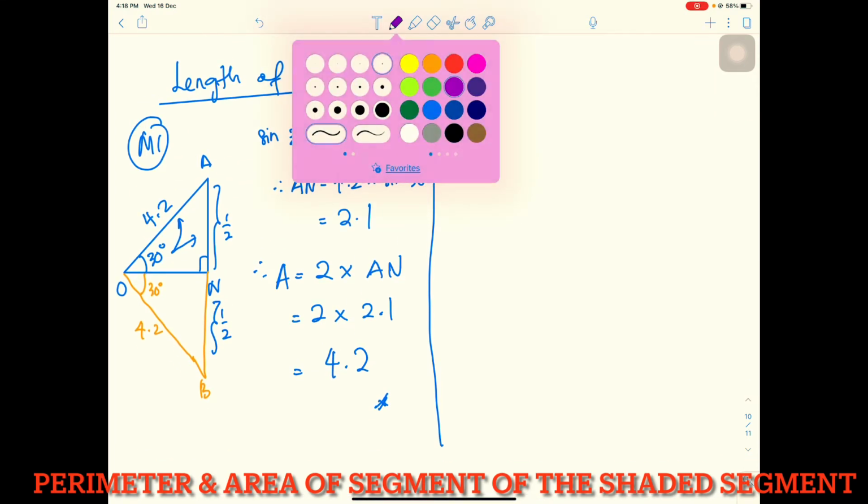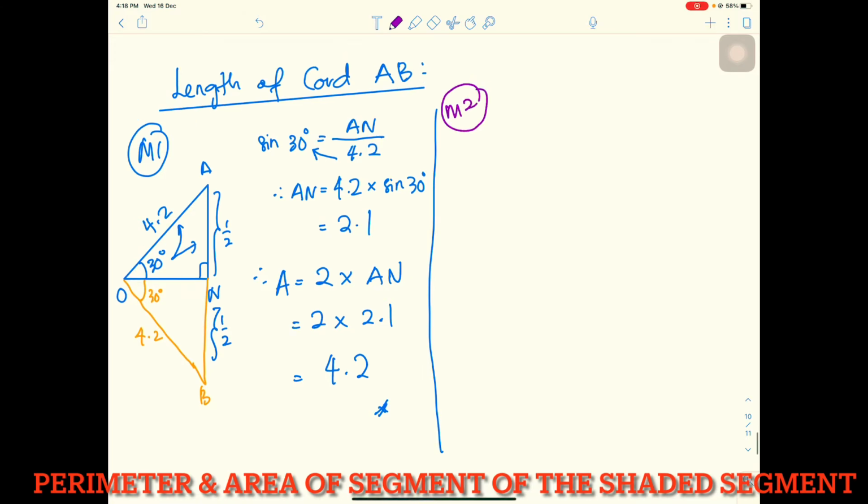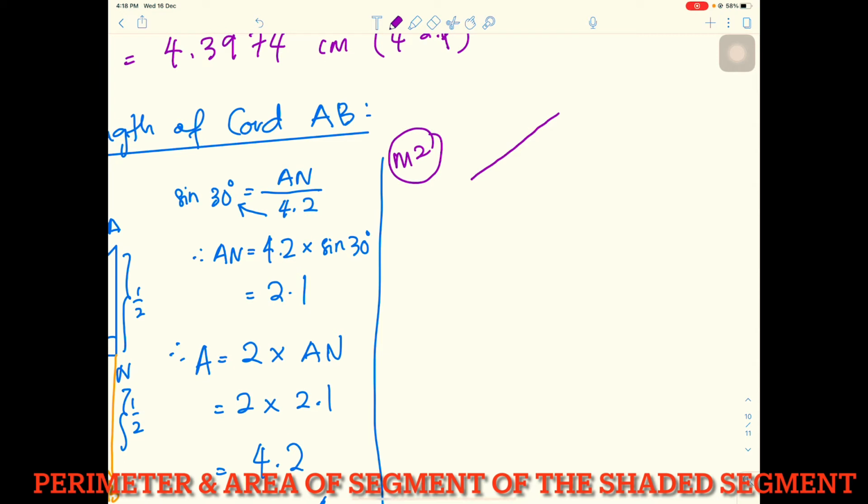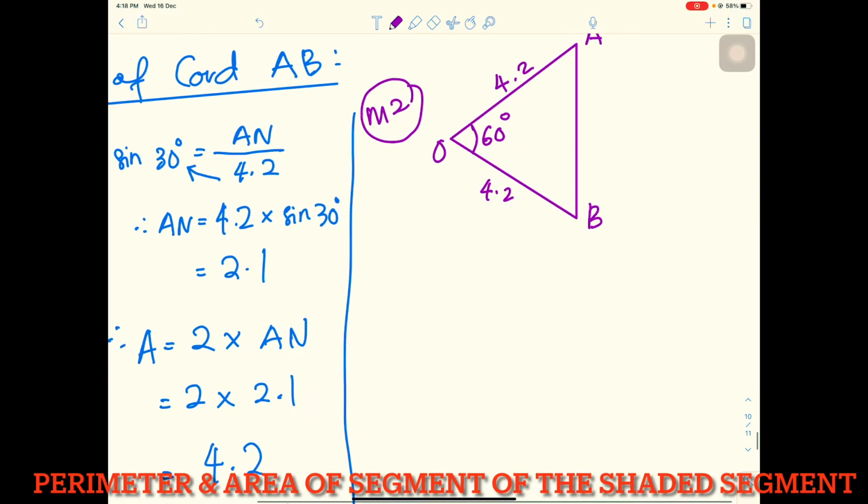How about method 2? As usual, method 2. This is the triangle OAB. This is the radius 4.2 and 60 degrees. So we straight away can use this formula. AB equals 2 times r sine theta over 2.